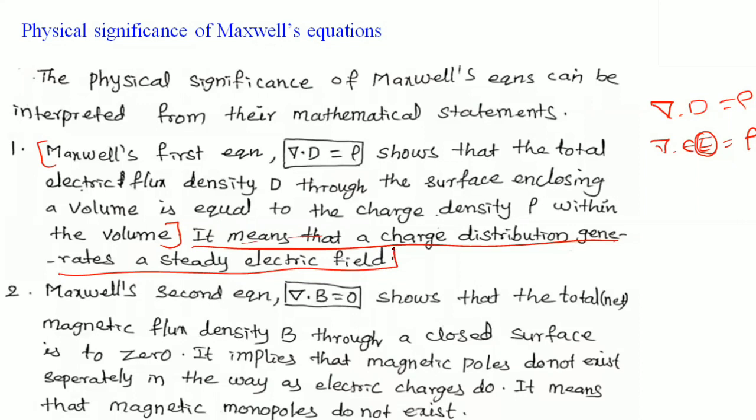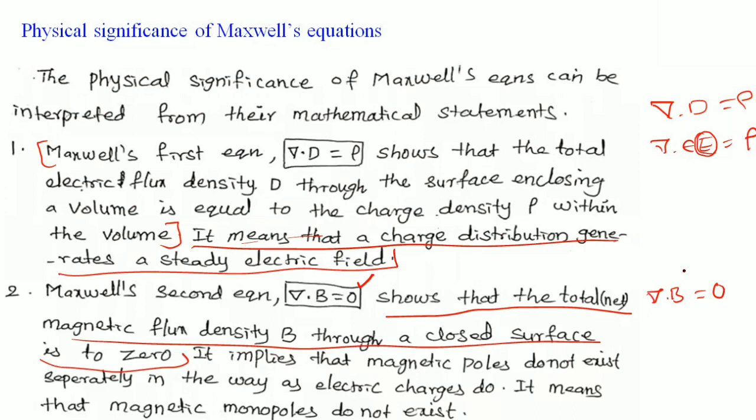The second Maxwell equation, as you know very well, is del dot B is equal to 0. It shows that the total or net magnetic flux B through a closed surface is equal to 0. It means that the divergence of magnetic flux density is equal to 0.